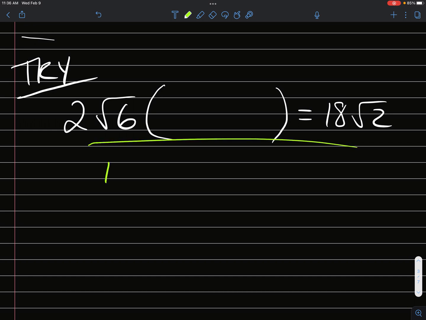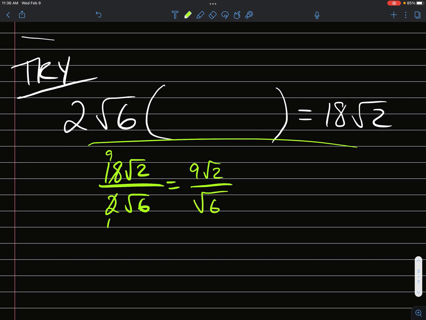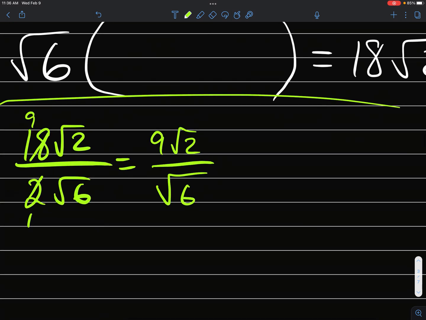Let's do it. 18 radical 2 over 2 radical 6. Well, 2 goes into 18 9 times. 9 radical 2 over radical 6. 2 and 2, 6. We got 9 radical 1 over radical 3.